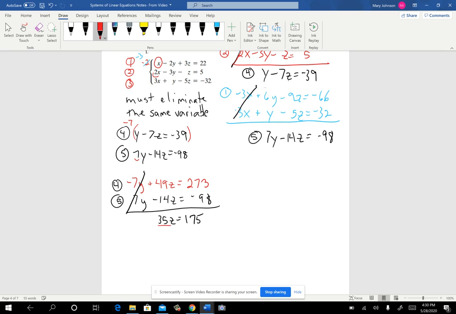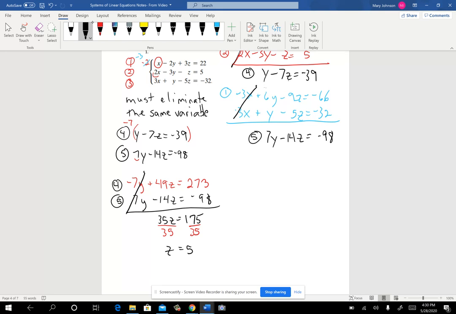Then I'm going to divide by the 35, and I get z equals 5.